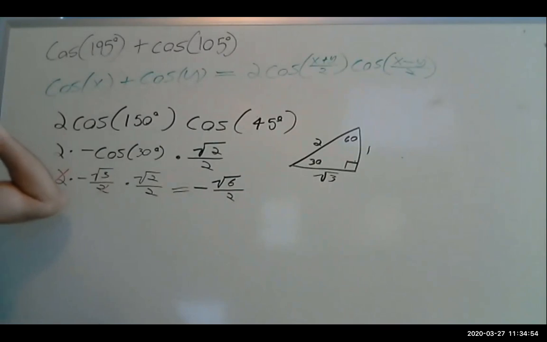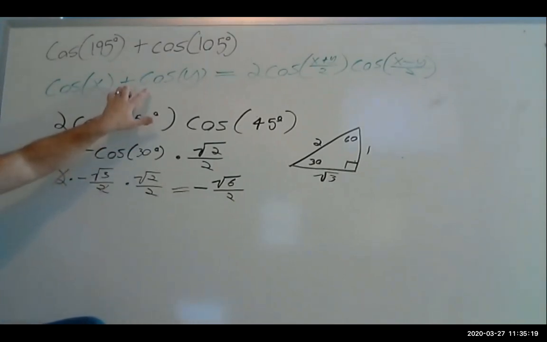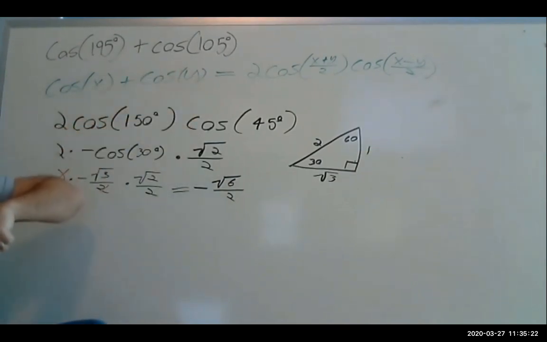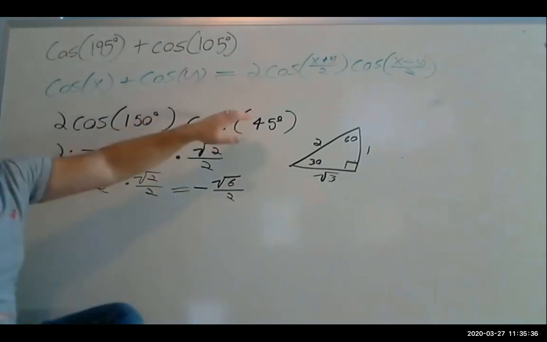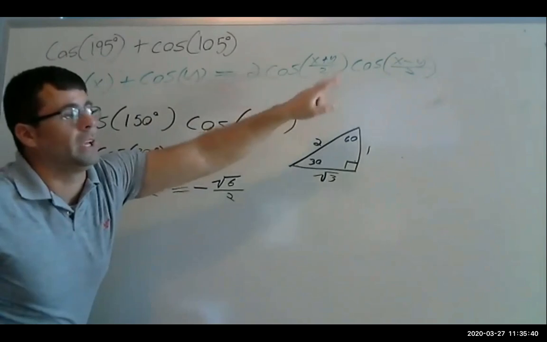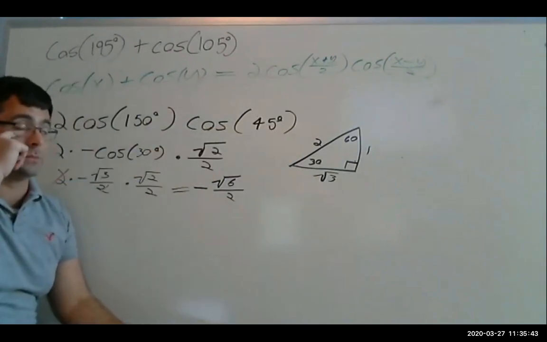Again, this is what I wanted to mention: in case you forget how they work, what the different arguments are, in all of these sum to product formulas, you always go from cosine or sine of x plus cosine or sine of y to something of their average times something of their difference, or their deviation.